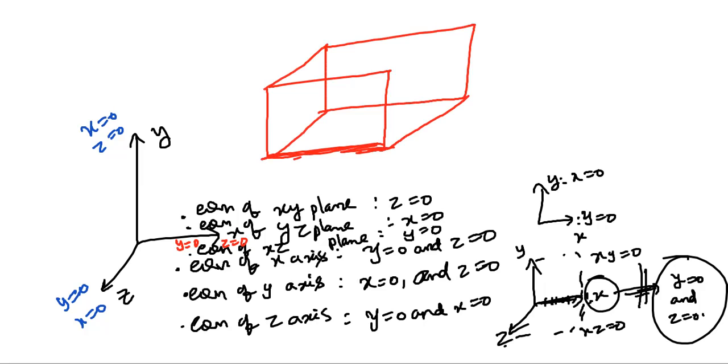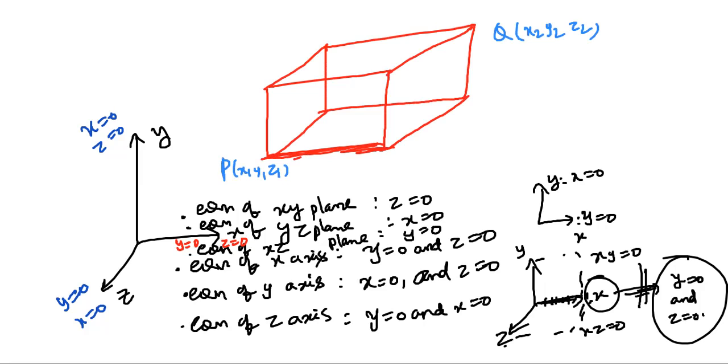Let me assume that with respect to this system, this point is P(x1, y1, z1). And with respect to the same system, let me take three planes through this, and let me take this point as Q(x2, y2, z2).